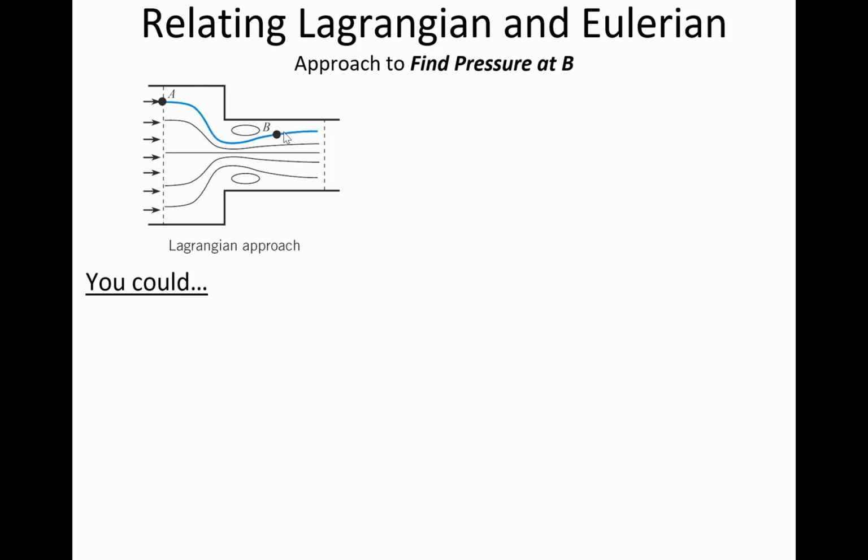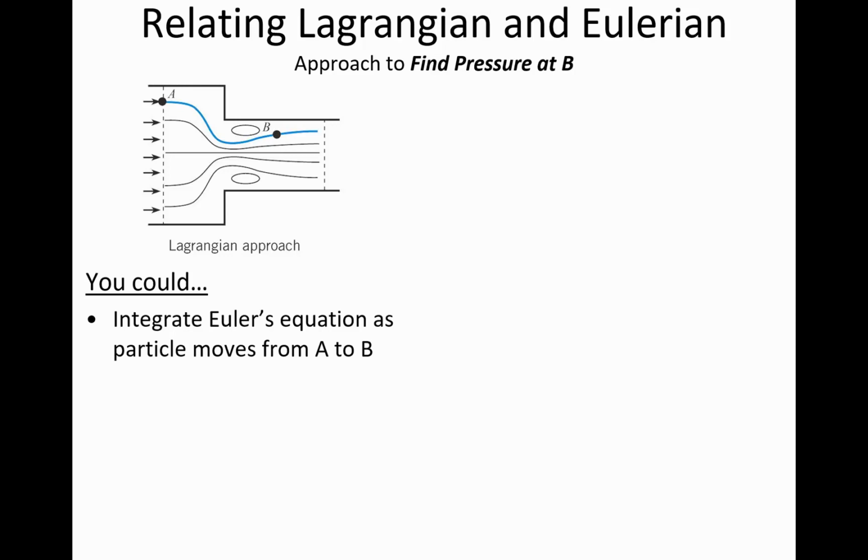If we want to find out how the pressure is going to change because of this adjustment in the velocity, we have two approaches that we can actually take. I think all of us recognize that if it's steady flow, then that means we have non-uniform flow. And so Euler's equation could be used to predict what the change in pressure is, because an individual particle, as it moves from A to B, is going to be experiencing local acceleration.